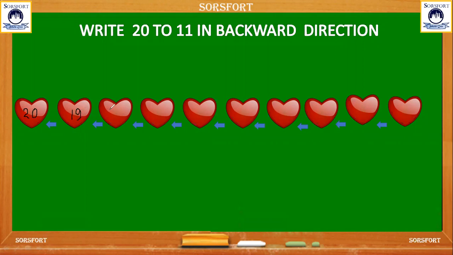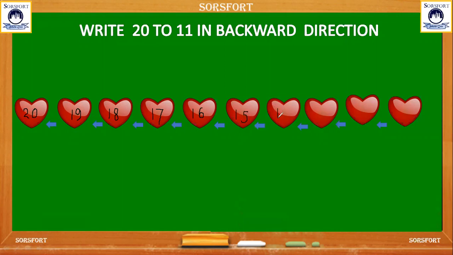19. Before 19, 18. Before 18, 17. Before 17, 16. Before 16, 15.